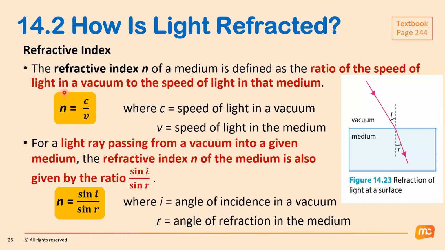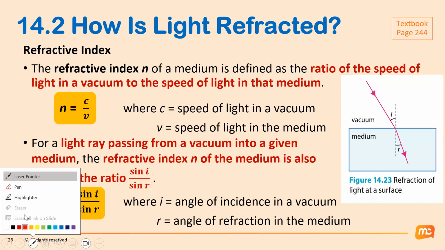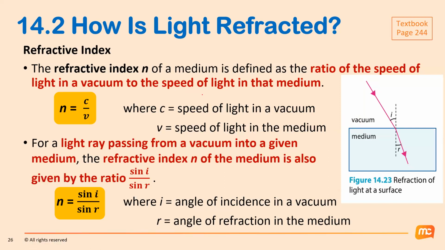So in formula sense, N represents the refractive index. N equals C over V, where C is always the speed of light in vacuum. You should have learned under the EM spectrum that the speed of visible light in a vacuum, the magic number, is 3 times 10 to the power 8 meters per second.